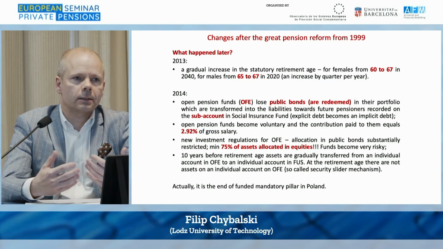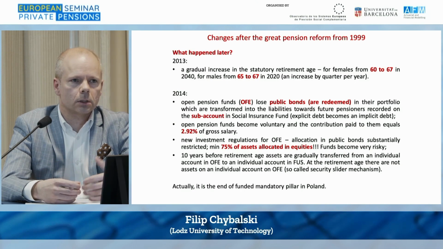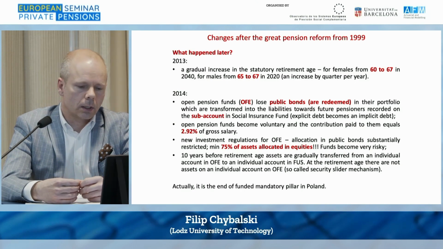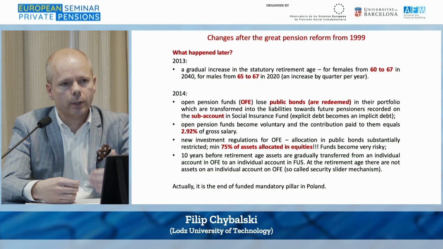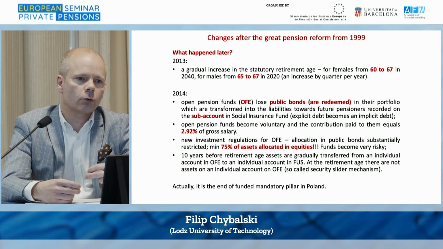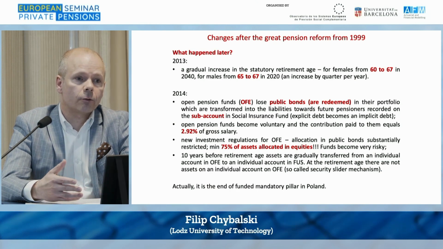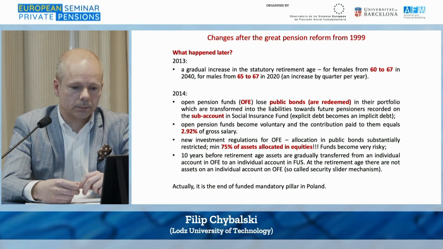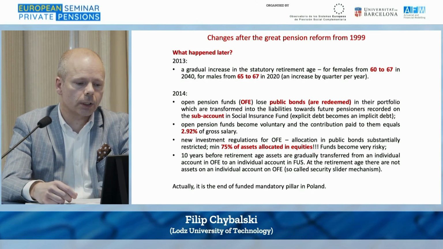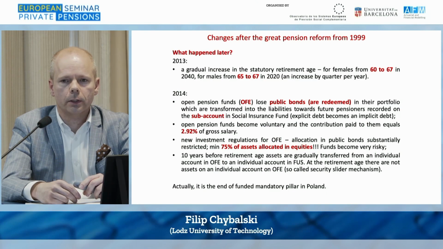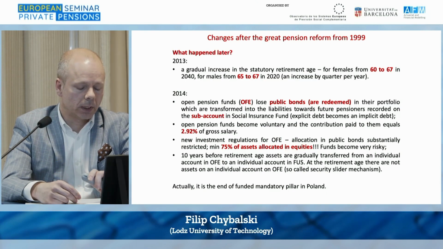Yes, it is a type of security because the risk of obtaining a significantly negative rate of return in an open pension fund directly before retirement is decreased using this security slider mechanism. So actually it is the end of a funded mandatory pillar in Poland.